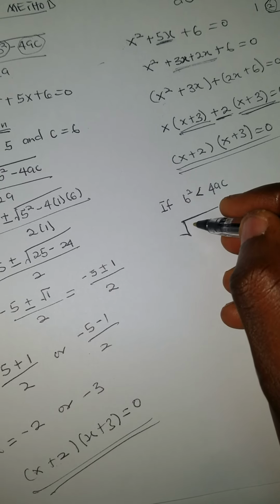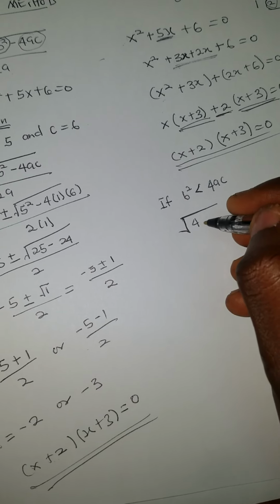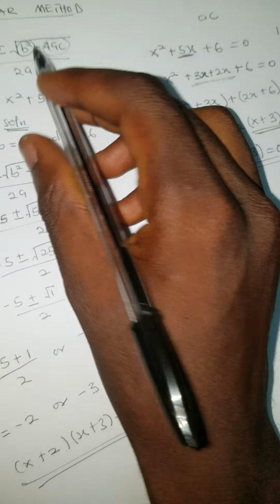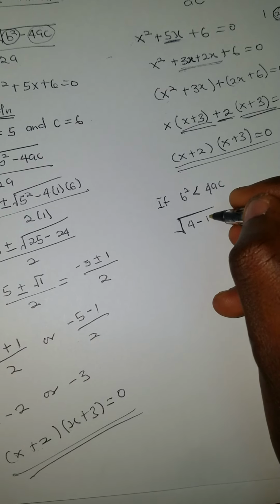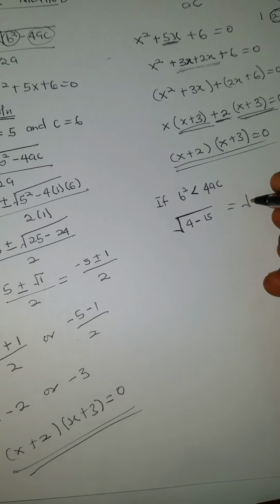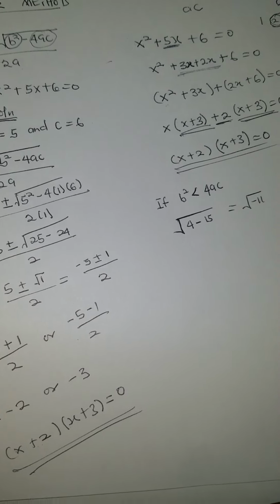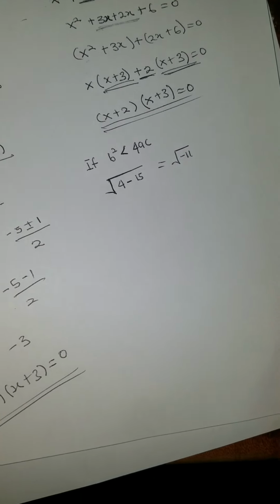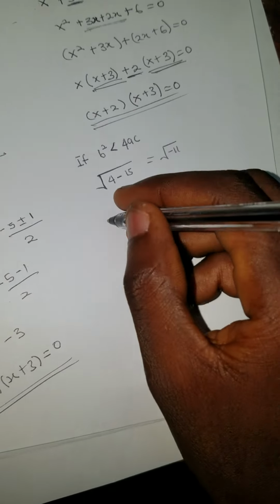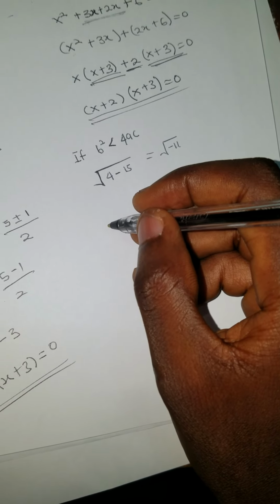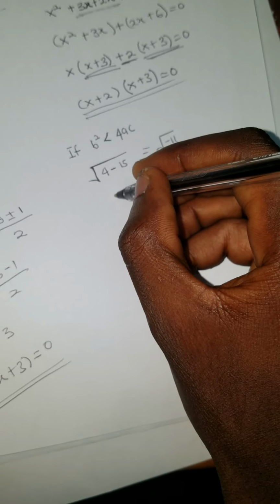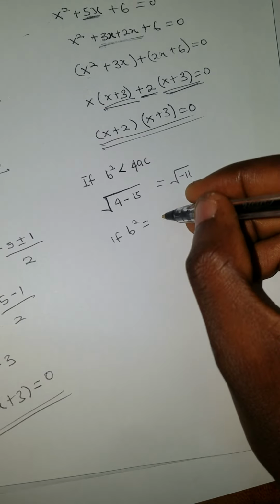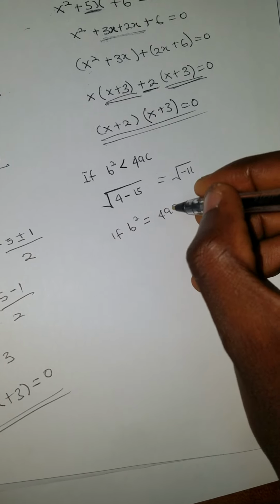For example, let's say b squared is 4, and 4ac totals up to maybe minus 15. This means that you're going to get minus 11 in the root, and that doesn't happen. So we say that it doesn't have a solution. We also have the case when b squared is equal to 4ac.